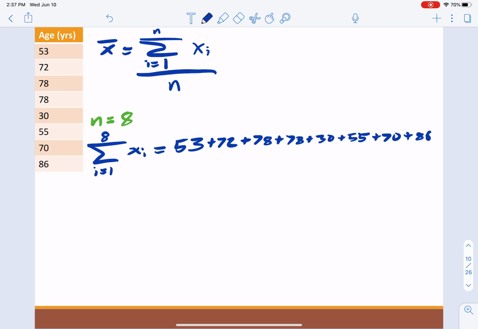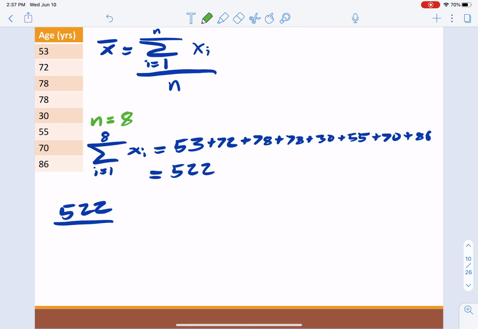Cool. All right. So then I just want to take the sum of all of these things, and that turns out to be 522. And then I just want to take this value, 522, and divide it by 8.